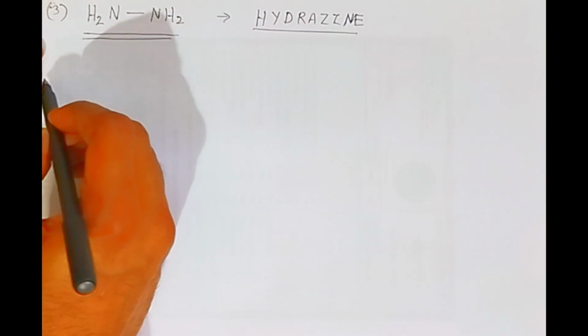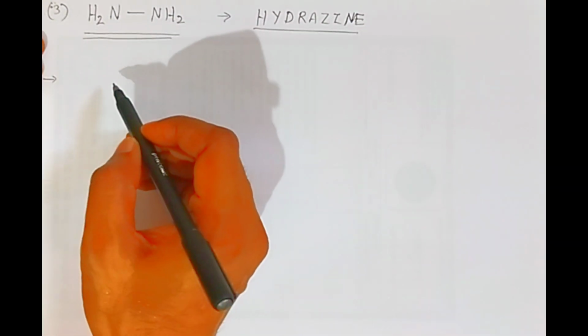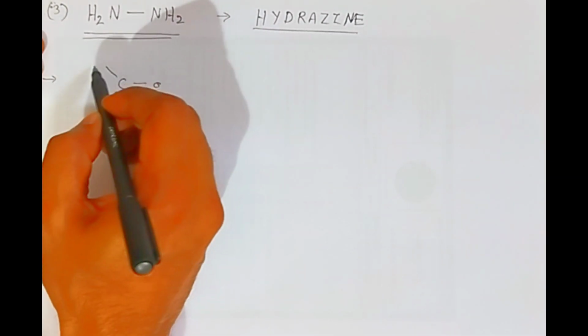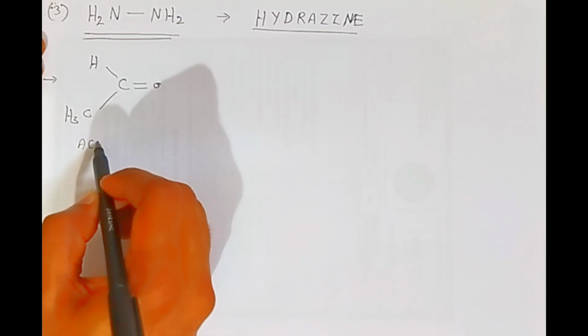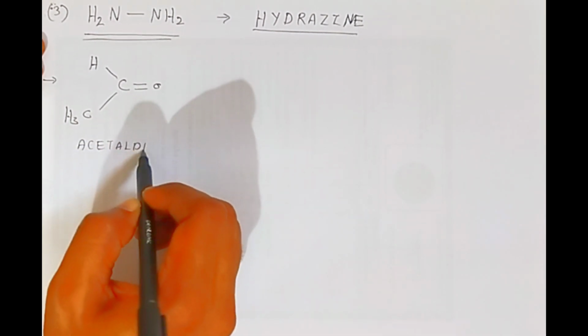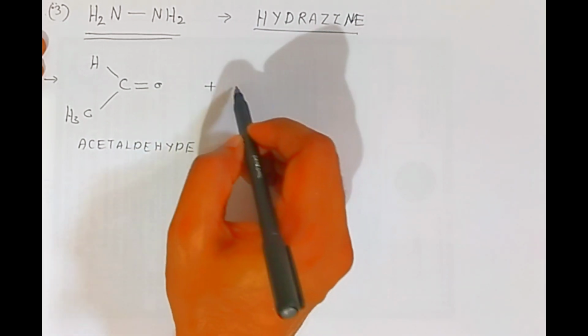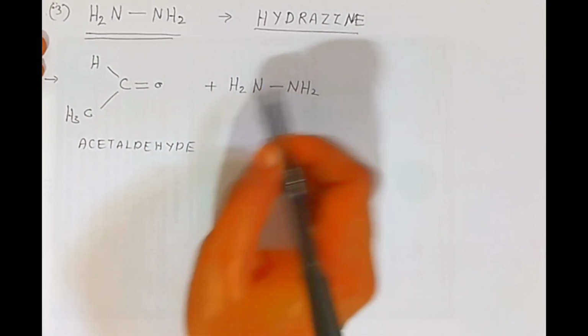What happens, students, when it reacts with acetaldehyde and ketone, that is acetone? So this is your aldehyde, students. This is acetaldehyde. This acetaldehyde combines with hydrazine. What happens, students?